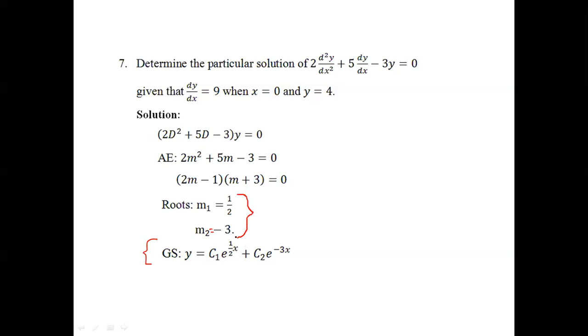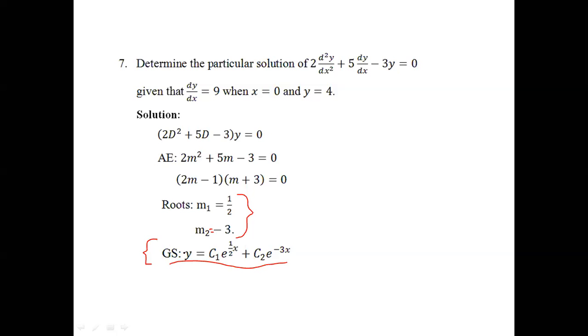We can all see that the roots that we've got, the m1 and the m2, are real. At the same time, they are different. They are real, but different. So we use the formula for determining the general solution for a case where you have characteristic roots that are real and unequal. So this is the formula.